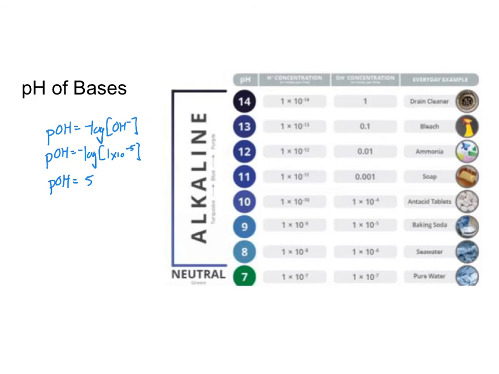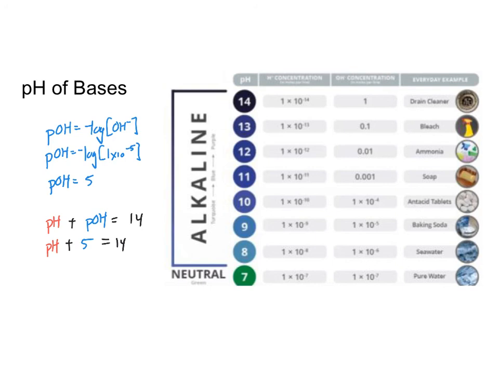But if I really wanted to figure out the pH, I would use the idea that the pH plus the pOH has to be equal to 14. So I would take pH plus 5, which would equal 14.